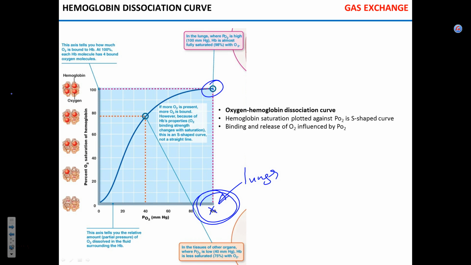Let me ask you right away one question. Let's say partial pressure of oxygen decreases. Right about here, so it's say 95. Okay, here. What is the saturation at 95?